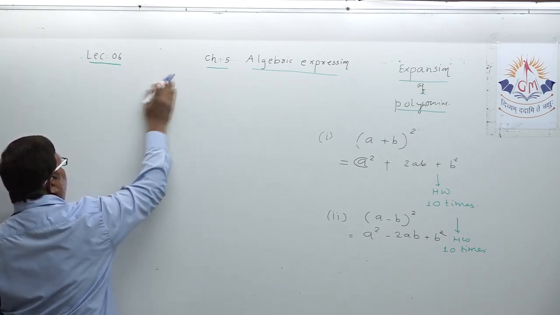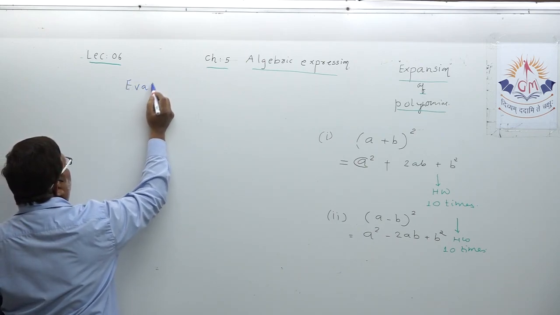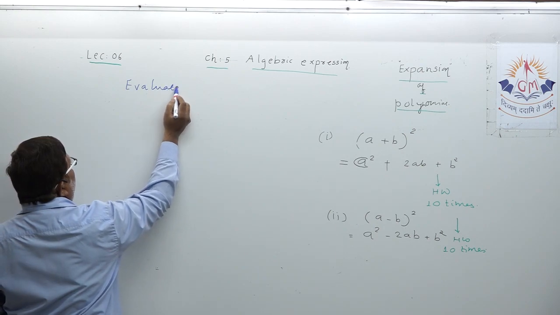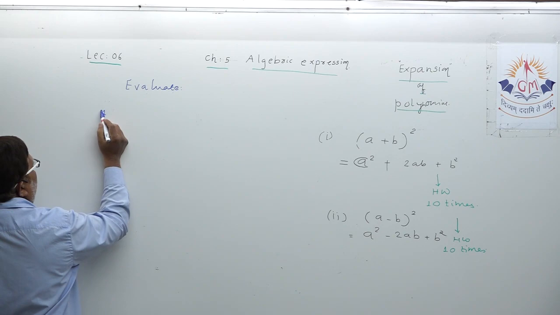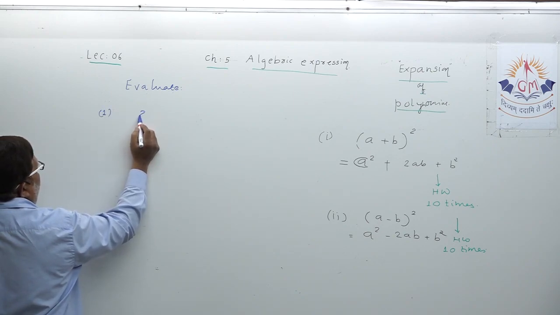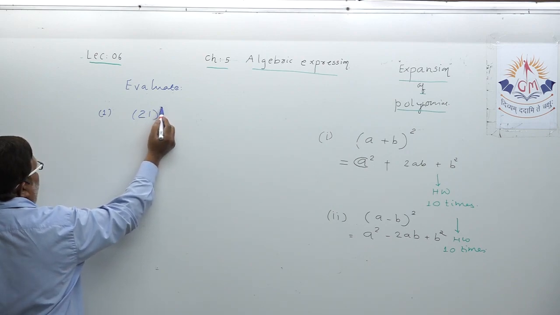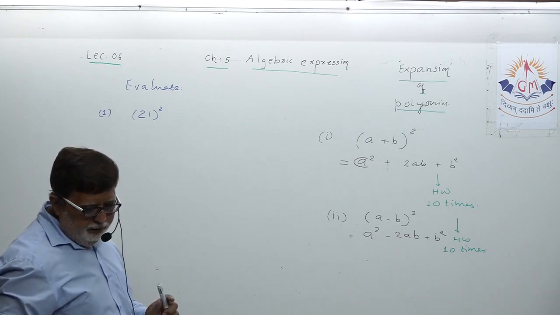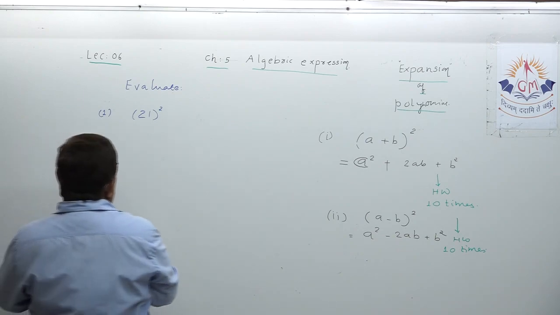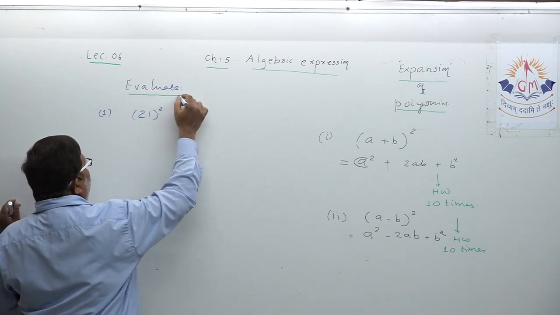We have understood expansion. Now the instruction in the exam may be like this: evaluate. I am writing one example for you. Suppose I am given 21 whole square. I have to evaluate this particular term utilizing the identity. Understand?